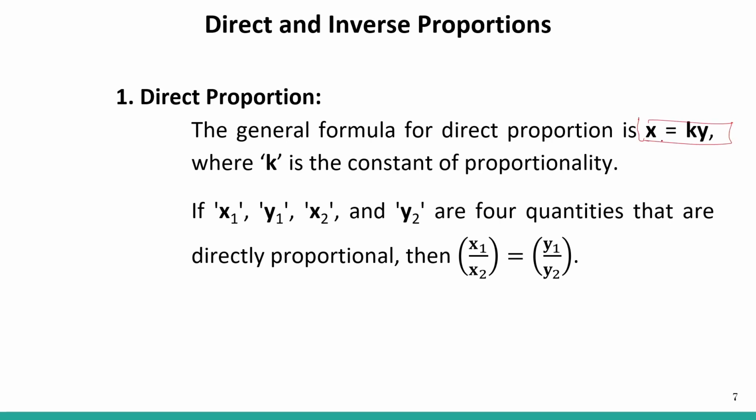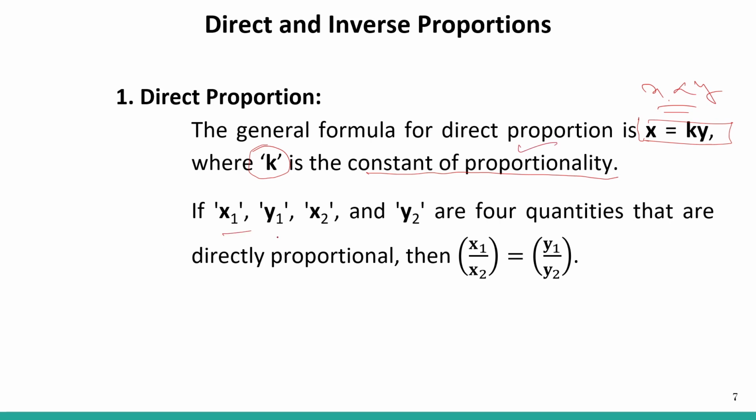If x is directly proportional to y, we say that x is equal to ky for some constant k, and that constant is called the constant of proportionality.